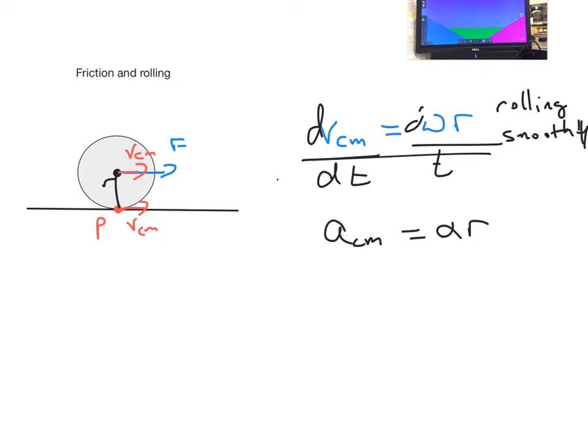So if there's no sliding between the surfaces and the wheel, it's static. So at point P, when rolling smoothly, you have static friction. The wheel is stuck to the surface at that point. There is no relative motion, side to side, at point P.